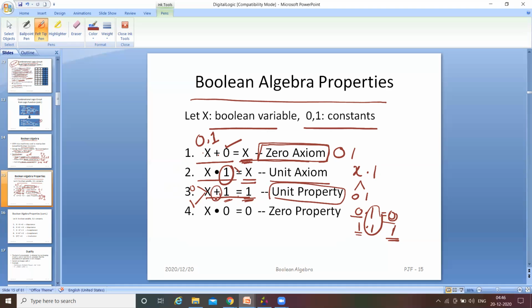X dot 0: here with AND, it means the AND operation. AND operation will become 1 only when both inputs are 1. So since one of the inputs is 0, irrespective of the other input, the output of the AND gate will become 0. This is the 0 property.